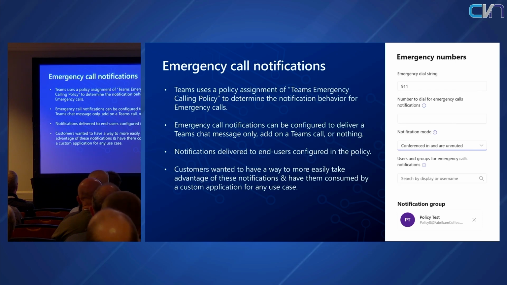So a notification mode could be that somebody just gets a Teams message. That notification could be that they actually get a call and that they're connected to the call live and they can interact. The way that all this operates is based off of policy that then is assigned to users, or it's assigned to the site if you're doing site-based policy.